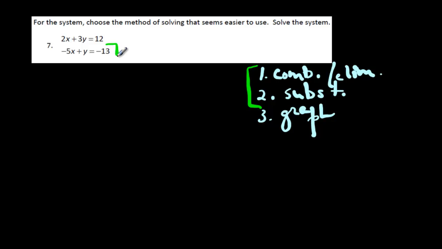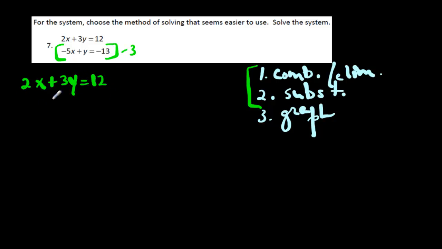I'm going to multiply the entire bottom by -3, so that I'm going to get this y term being -3y, so that when I add down, these are going to cancel because a positive 3y and a negative 3y cancel. So let's rewrite the top equation.